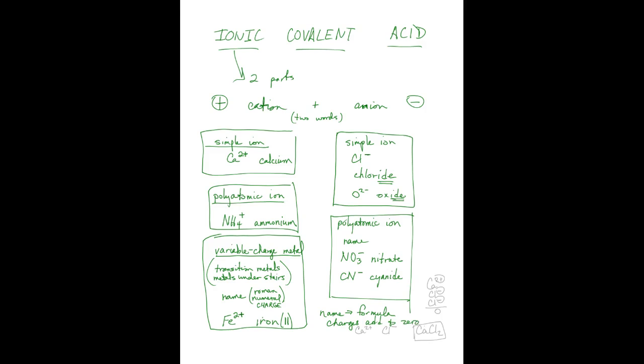For instance, if we have calcium 2+ and chloride 1-, we would need to make that calcium chloride with a calcium and 2 chlorides so that the 2+ and the two 1- charges, so there's a calcium 2+, there's a chloride 1-, there's a chloride 1-, and if we add up all of those charges, the 2+, the minus, and the minus, that would add up to 0, which is what we need. So our formula would be CaCl2, calcium chloride.